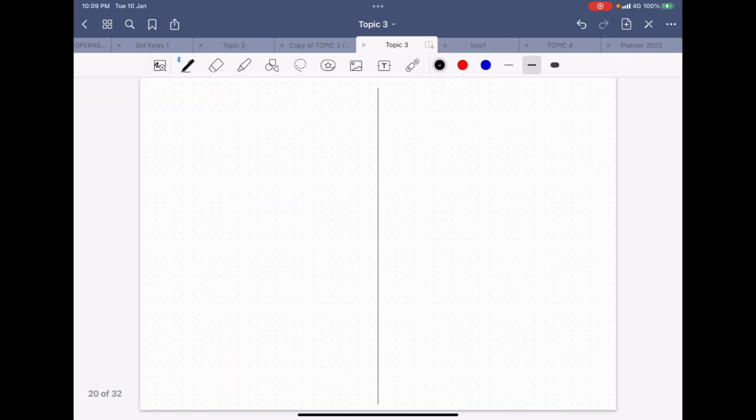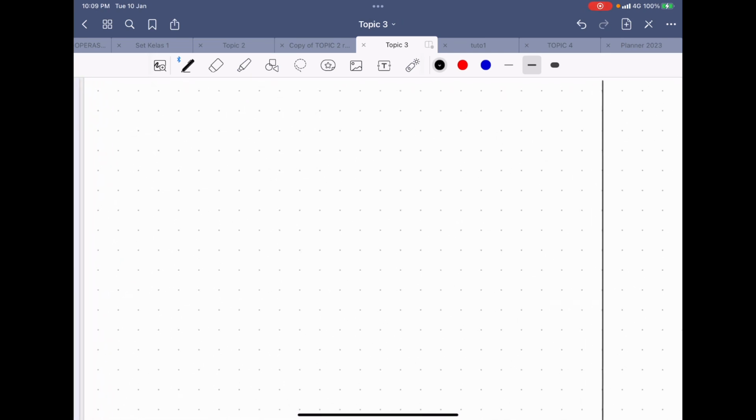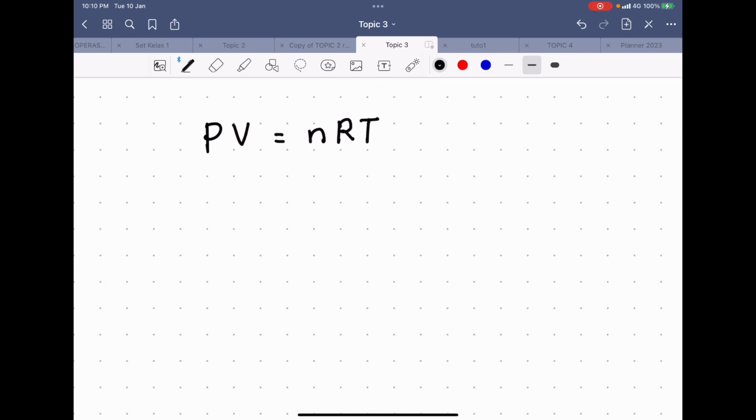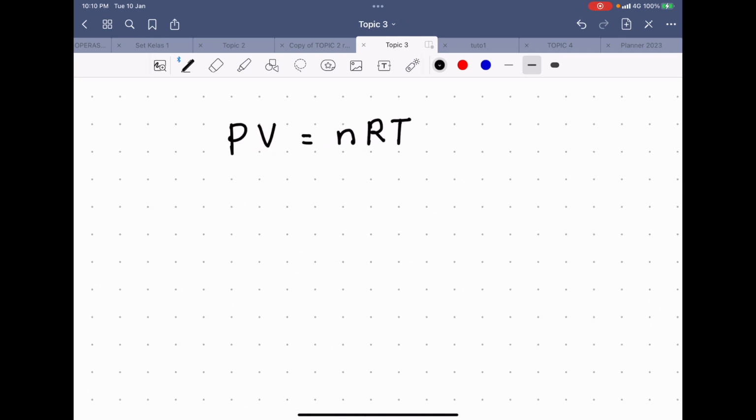Take note, our initial equation that we're going to use is PV equals nRT. This supposed to be our header. First we would like to find density.